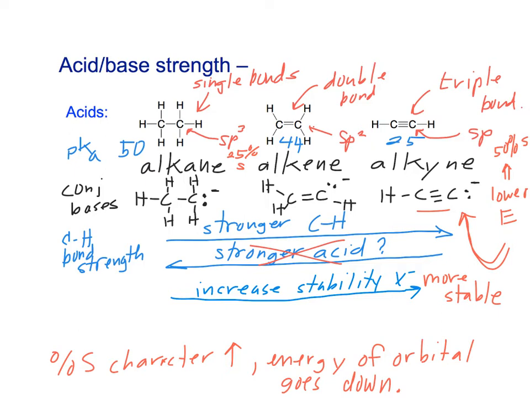That means that we also get stronger acid going to the right. Okay, so I think the moral to this story is that we want to stick with our strategy that we've learned: when we're considering acid strength, we look at the stability of the conjugate base.